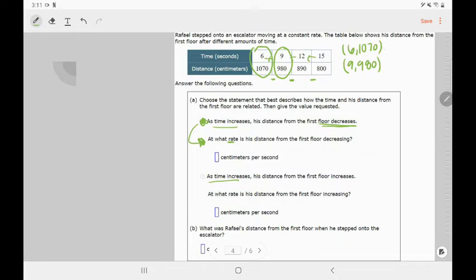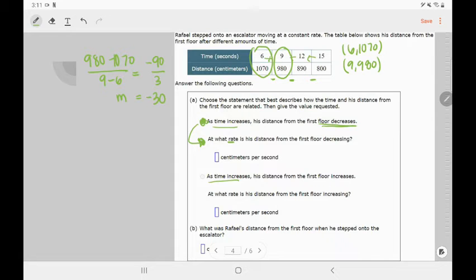So let's go ahead and subtract. 980 is my second Y value, minus 1070 over 9 minus 6. Well, 980 minus 1070 is negative 90, and 9 minus 6 is 3. If I simplify my slope, that gives me an M of negative 30.